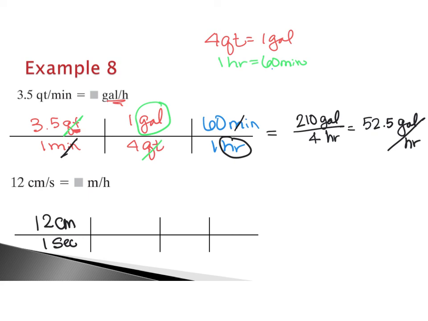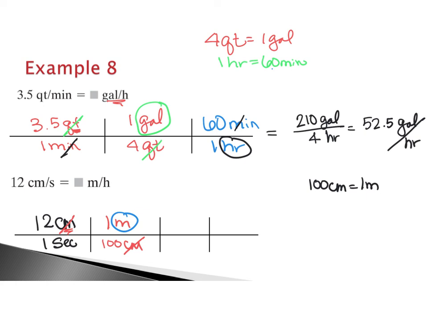Now there are 100 centimeters in 1 meter. So I'm going to put my unit conversion in, and I'm going to cancel out my centimeters first, so that 100 centimeters has to go on the bottom, so that centimeters will cancel, and that means I put my 1 meter on the top. So I end up with the unit that I want on the top.